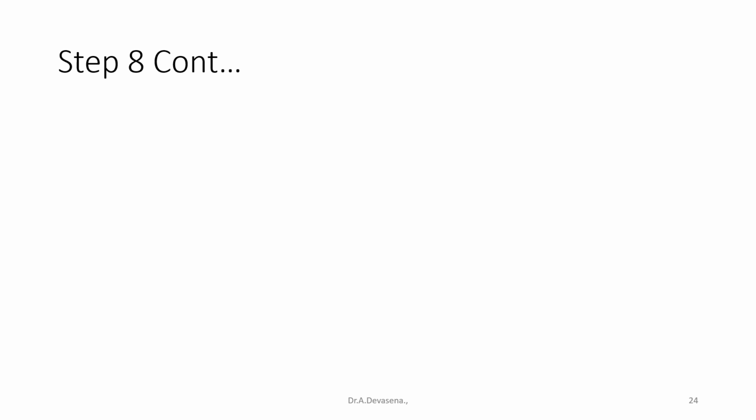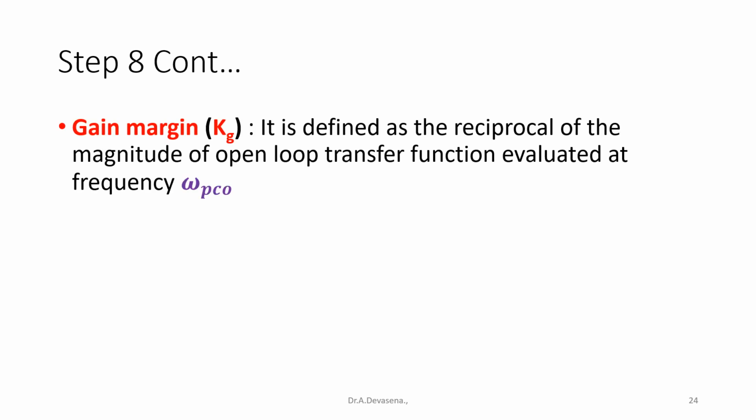Now we are going to determine the gain margin as well as the phase margin. First we will discuss gain margin. Gain margin is represented by the letter K suffix G. It is defined as the reciprocal of the magnitude of the open loop transfer function evaluated at the frequency omega suffix PCO. It is represented as K suffix G equal to 1 divided by magnitude of G of j omega suffix PCO.